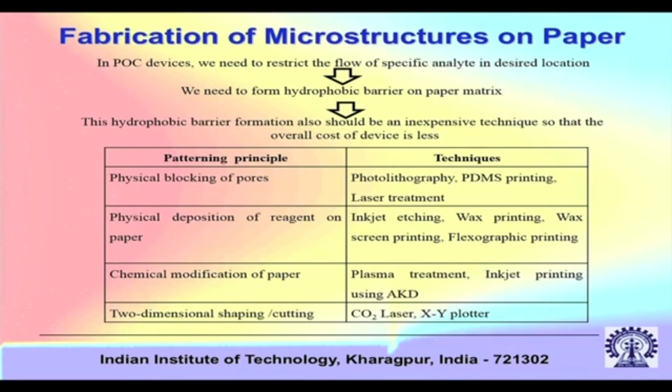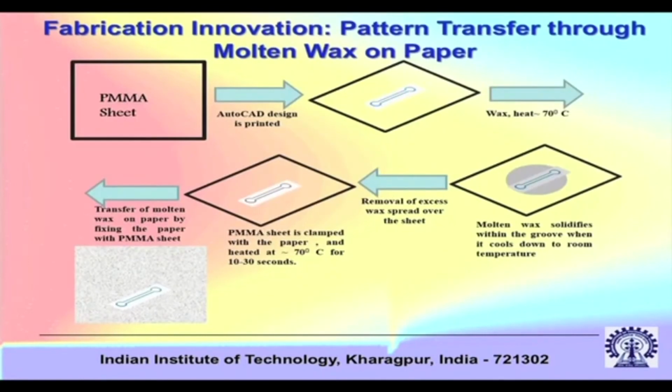Accordingly there are several techniques available, like photolithography, PDMS printing, laser treatment, inkjet etching, wax printing, wax screen printing, flexographic printing, plasma treatment, inkjet printing, and so on. So either you block pores or you make new structures on paper. Basically your objective is to direct the liquid flow in a certain direction on the paper.